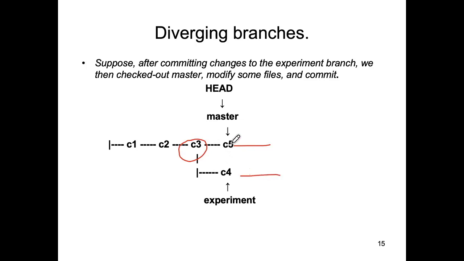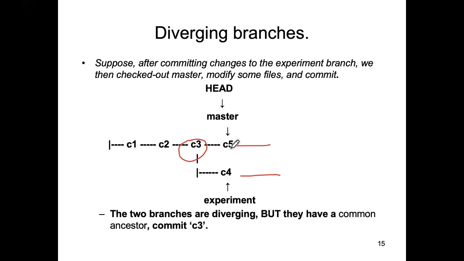But for now, anyway, we just refer to these two branches as being diverging branches. And that's a very common thing when you're working with Git. The two branches are diverging, but they have a common ancestor. That's fine.